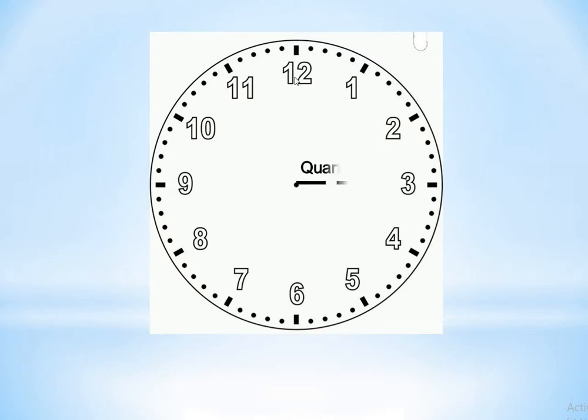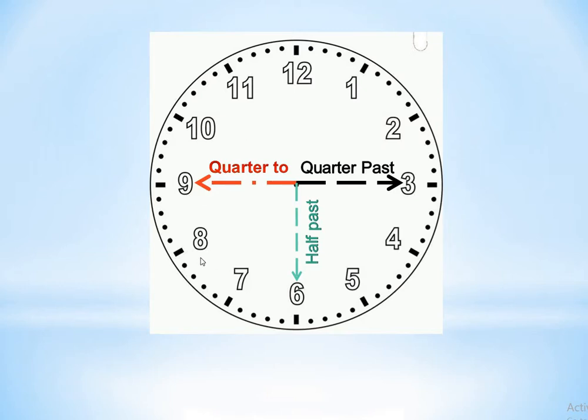When the longhand stands on 3, it's called quarter past. Is the longhand for minutes or hours? Yes, it's for minutes. When the longhand stands on number 6, it's called half past. When the longhand stands on number 9, it's called quarter to.